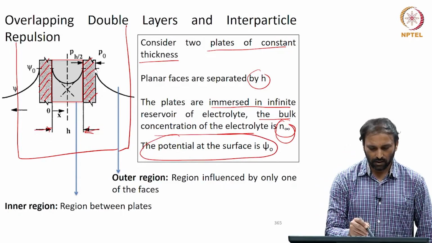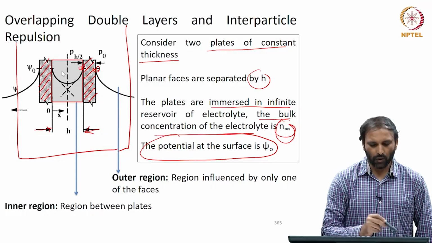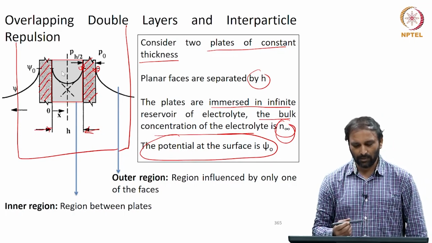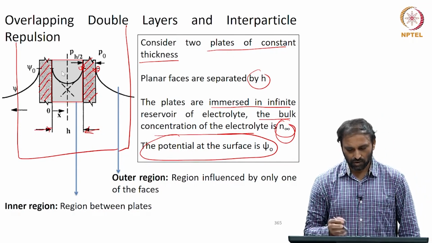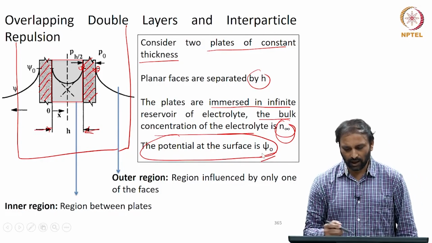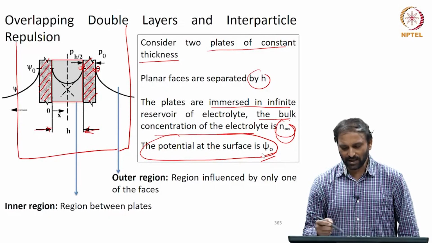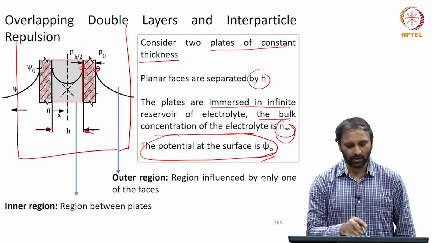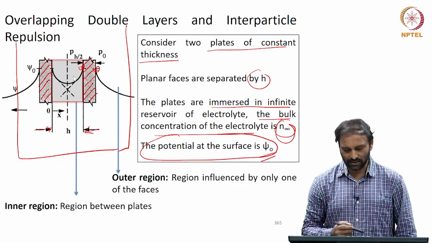Whether you take the inner surface or the outer surface, because they are chemically homogeneous, the potential at the surface is psi naught, and in other words we can say that the charge density at the two surfaces is exactly the same.